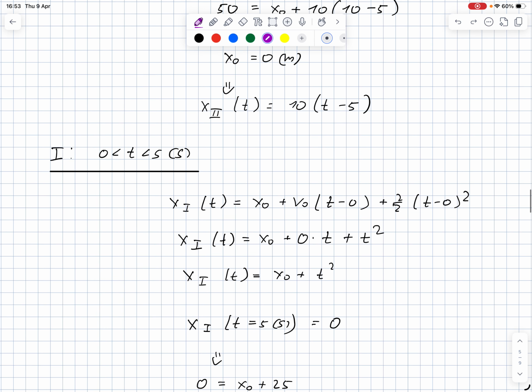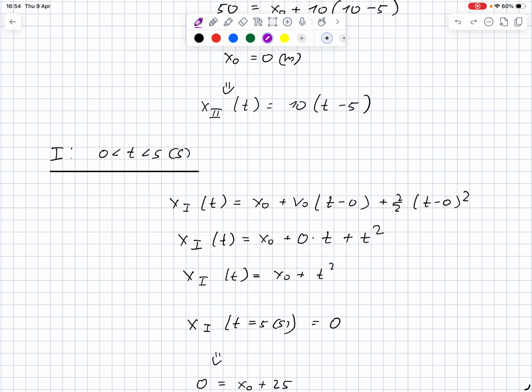Now, so initial velocity is 0, okay, plus t squared. It is also almost the final expression for the function that represents position. Now we need to find x0.